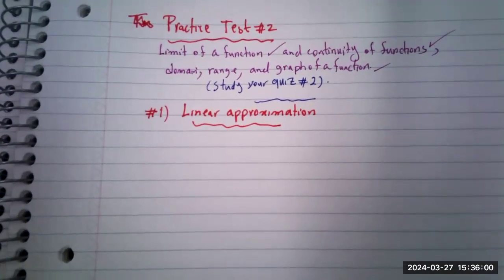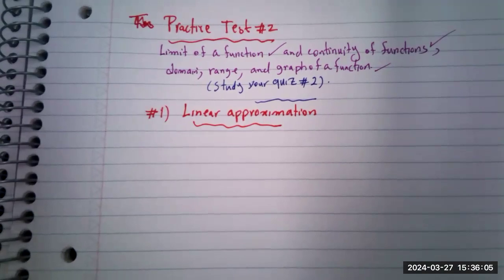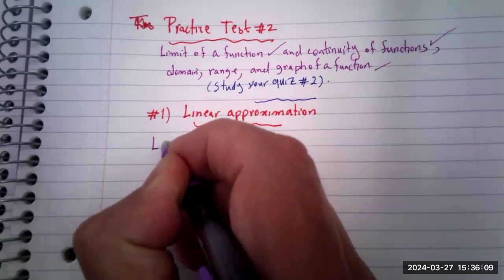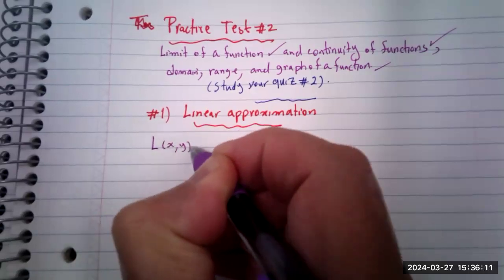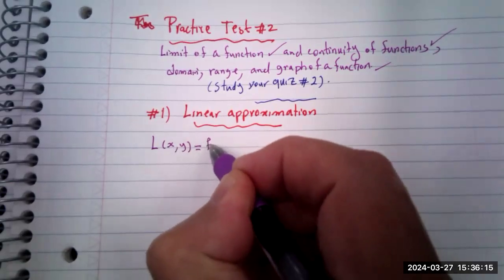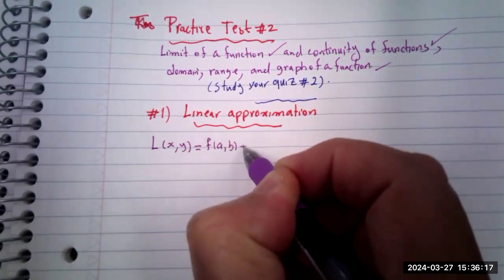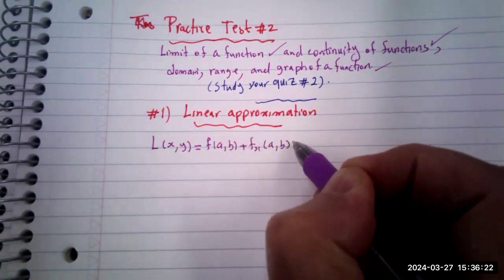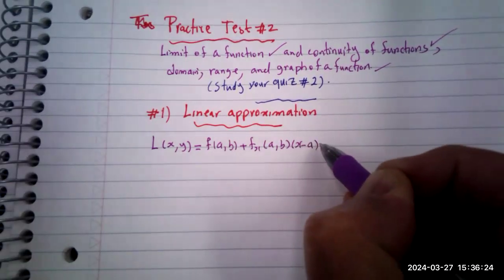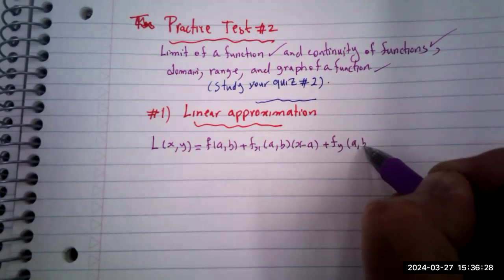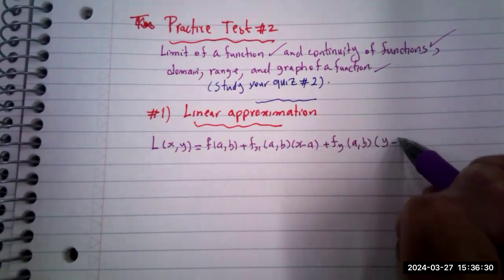Basically what we're going to do is approximate the value of the function by its linearization or the tangent line. If this is 2 variables, the formula is L of x,y, at the point (a,b), equal to f(a,b) plus partial of f with respect to x at (a,b) times (x minus a), plus the partial of f with respect to y at (a,b) times (y minus b).